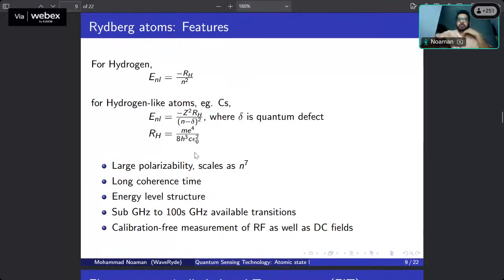Anyway, the other set of features is large polarizability. Polarizability describes how the polarization of a system changes when you apply an electric field to it. For example, any dielectric material would align its polarization along the applied field, or create a tensor polarizability.